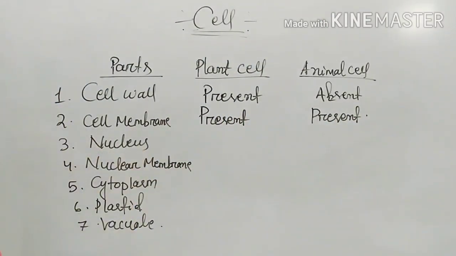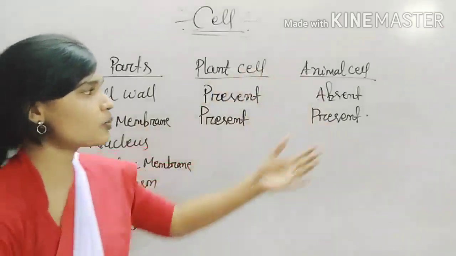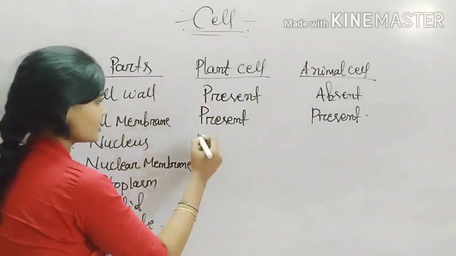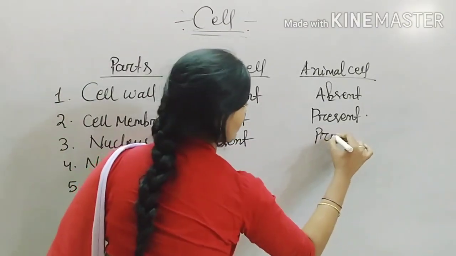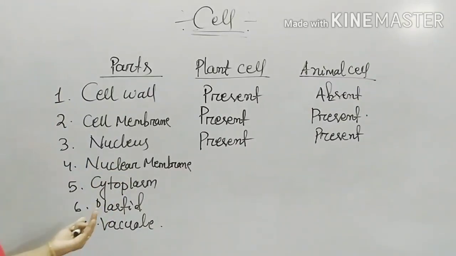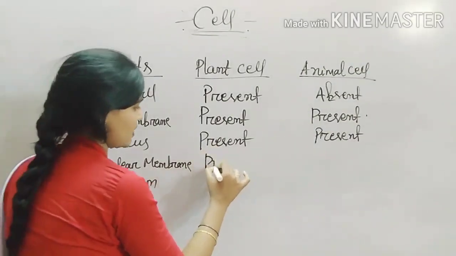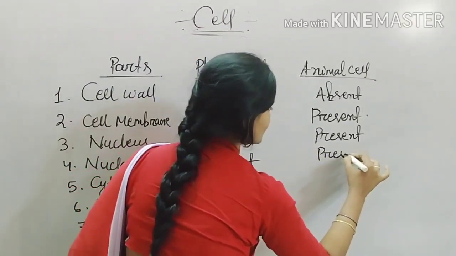After that, nucleus. Nucleus is the control unit of a cell. So it is present in both types of cells. Nucleus is present in plant cell and in animal cell. Now, nuclear membrane. Nuclear membrane is also present in the plant cell and animal cell.